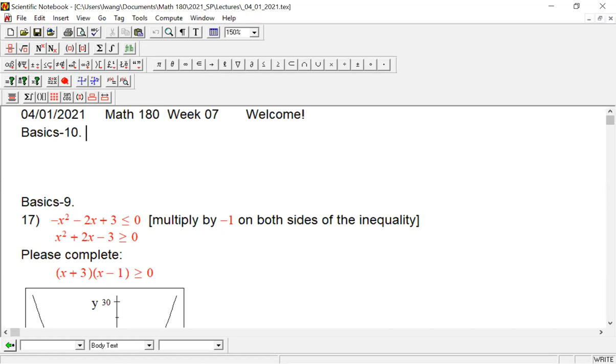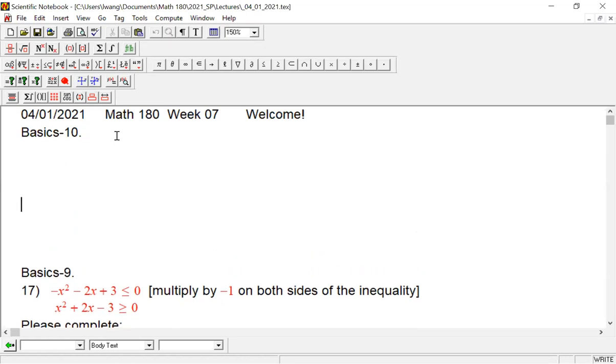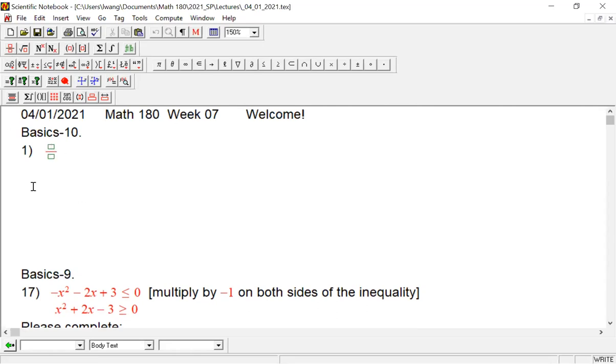So let's look at a first simpler example. Basic 10, number 1. Suppose I have x minus 3 over x plus 1 greater than or equal to 0. Of course, what does it mean? The sentence is an if statement.